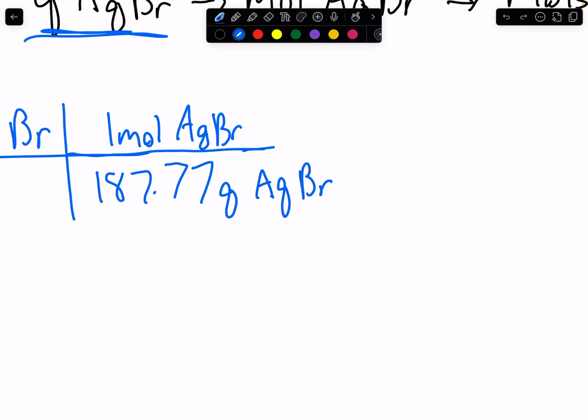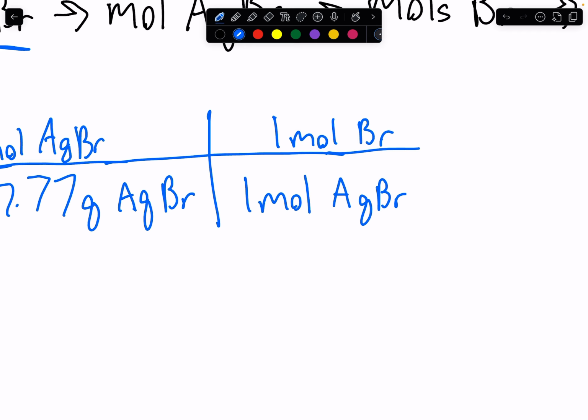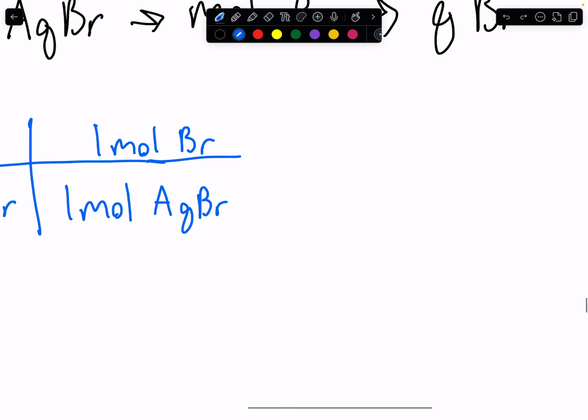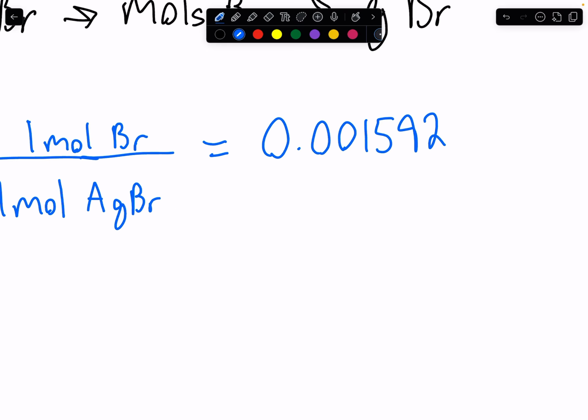And then from 1 mole of Ag bromide, we're going to get 1 mole bromide. And this is going to equal 0.00159 moles bromide.